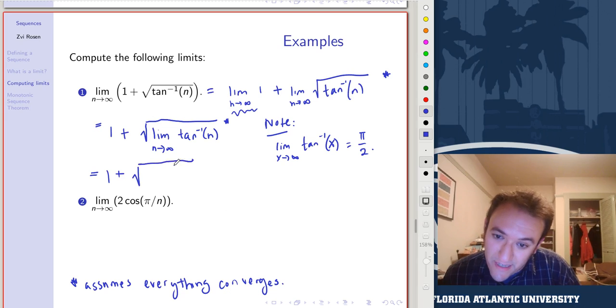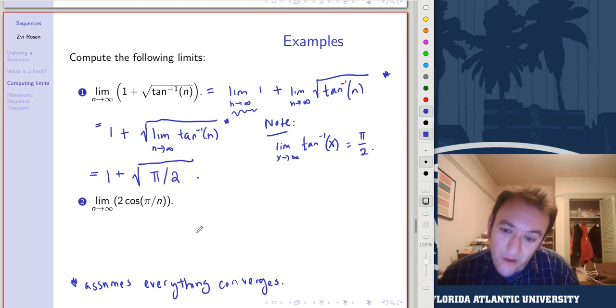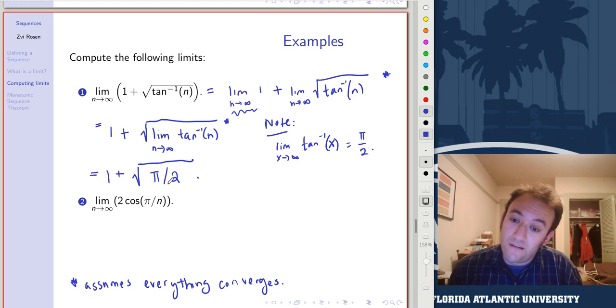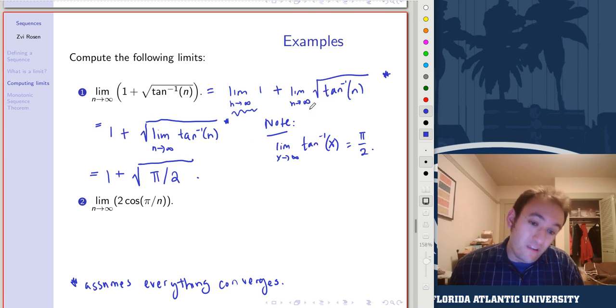So that gives us 1 plus the square root of pi over 2. The fact that this converged to a positive number tells us that we were entitled to do this limit trick passing inside of the square root, and that in turn tells us that we were allowed to break up the sum this way. Okay.